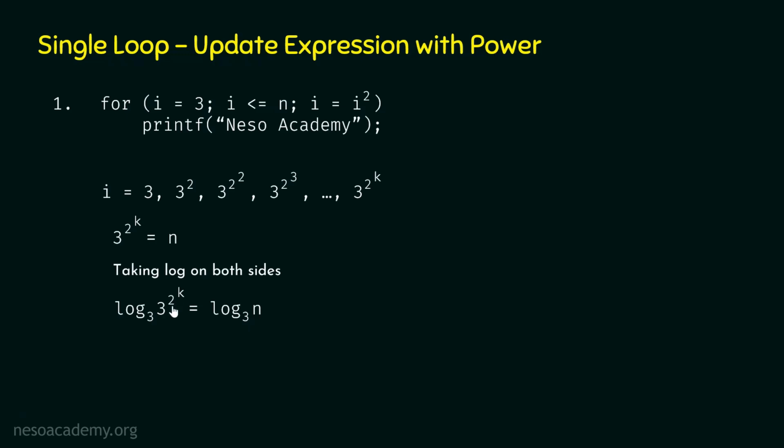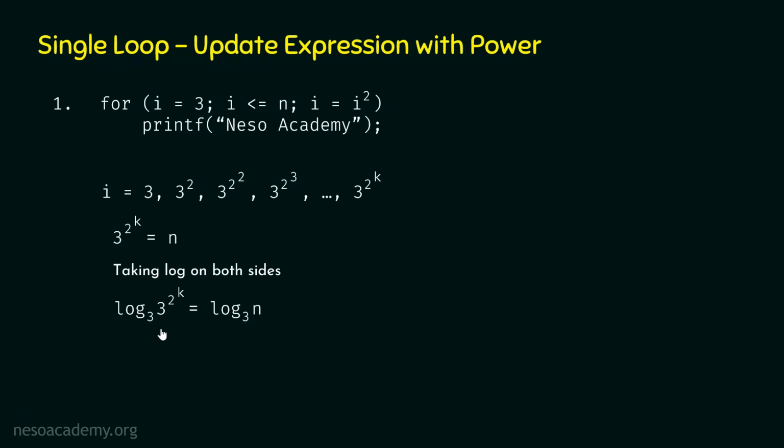It is equal to 2 power k times log 3 base 3 because of the property of logarithm: log a power b base c is equal to b times log a base c. We are applying this property. So we will get 2 power k times log 3 base 3. What is log 3 base 3? Log 3 base 3 is equal to 1 because log a base a is equal to 1. So eventually we will get 2 power k here.